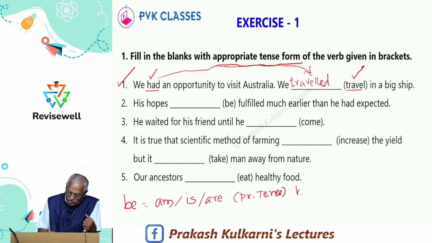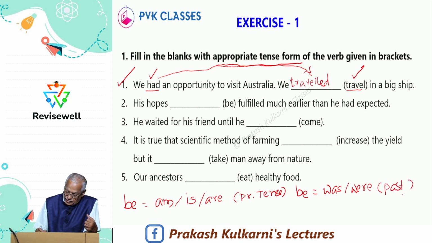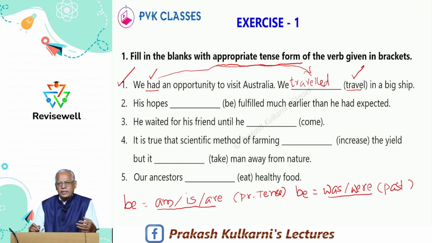Whereas be past tense verbs are was and were. So first we should be very clear. So whether they have asked us to fill up be present tense verb or be past tense verb, then how do you identify which verb I must select?